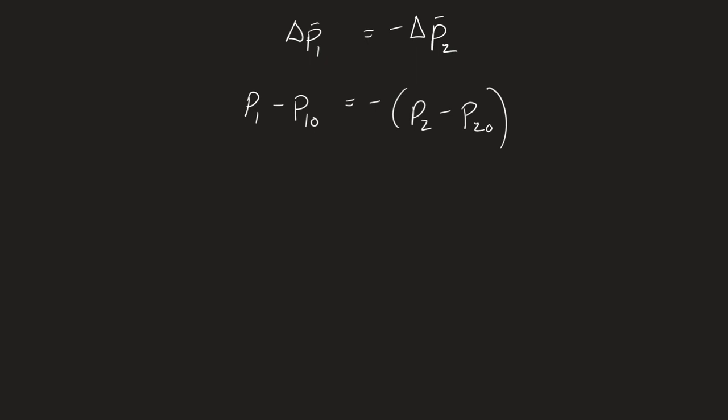All right, final minus initial. I'm going to distribute the negative sign. So P1 minus P1 initial equals P2 initial minus P2. When I distribute the negative sign, it just flips those two there. We all good? Everybody see this okay?